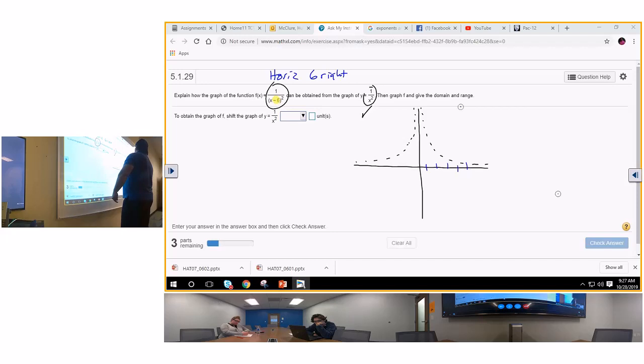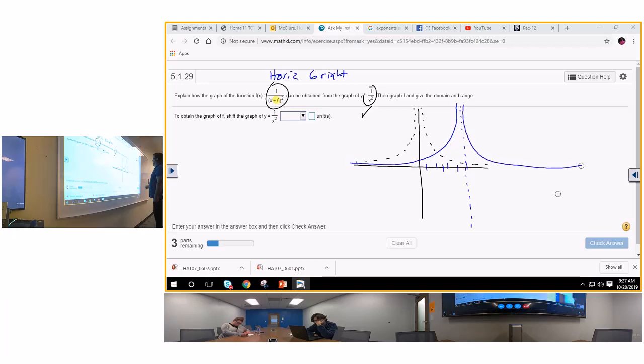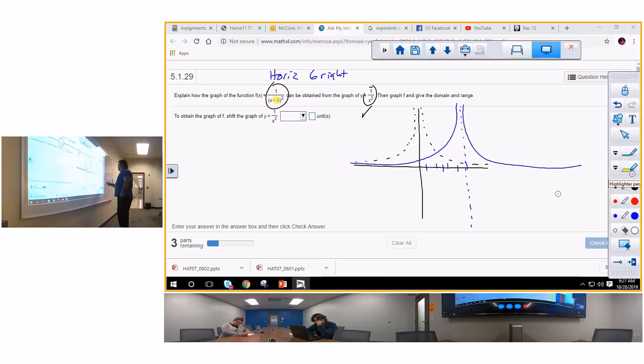That means you have a vertical asymptote at 6. So that's what your graph should look like.